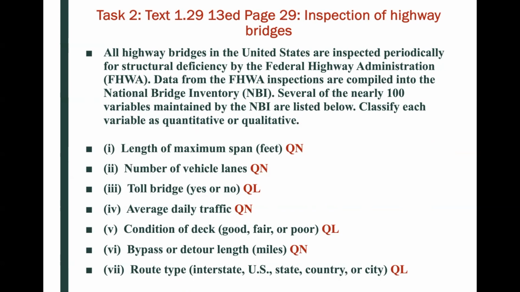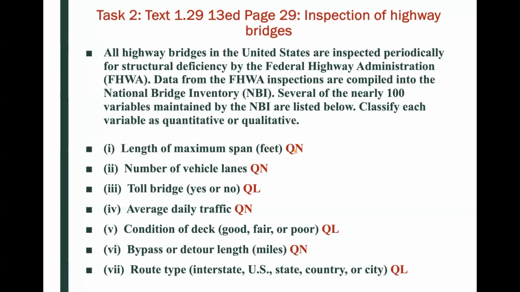Okay, so quantitative deals with numbers, and qualitative deals with categories, things that are not numbers. Length of the maximum span in feet, that's going to be quantitative because the length, for example, 10 feet, well, it wouldn't really be 10 feet, but let's say 500 feet or something.